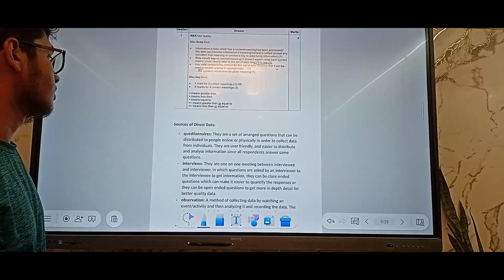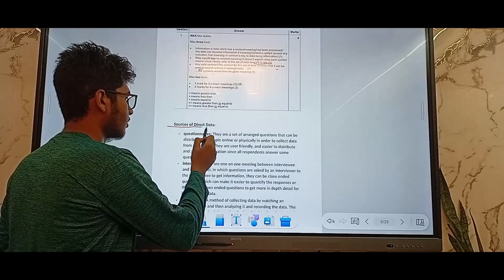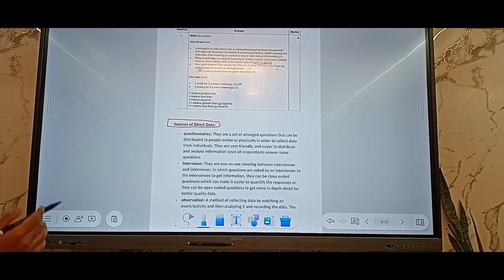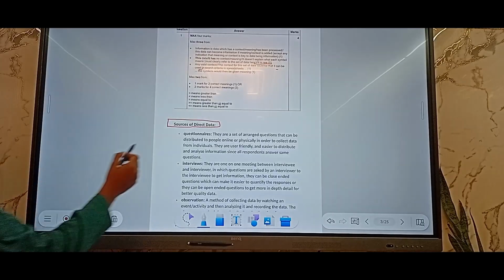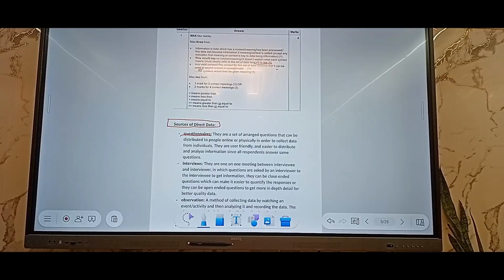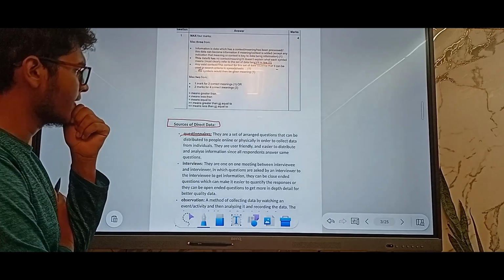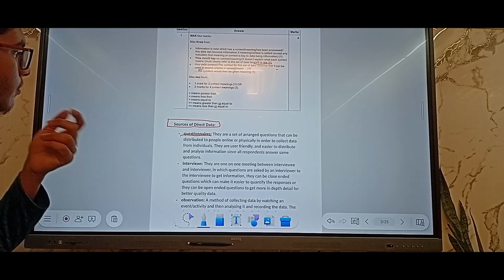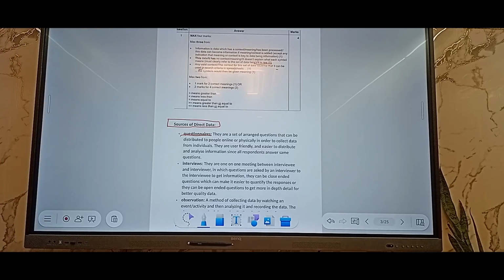We have sources of direct data. Now, what we have is questionnaires. As I mentioned, we have questionnaires, interviews, observations. These are sources of direct data because you're getting it right from the source. So if we read it, there is a set of arranged questions that can be distributed to people online or physically, Google Forms if you want to do it online, in order to collect data from individuals.